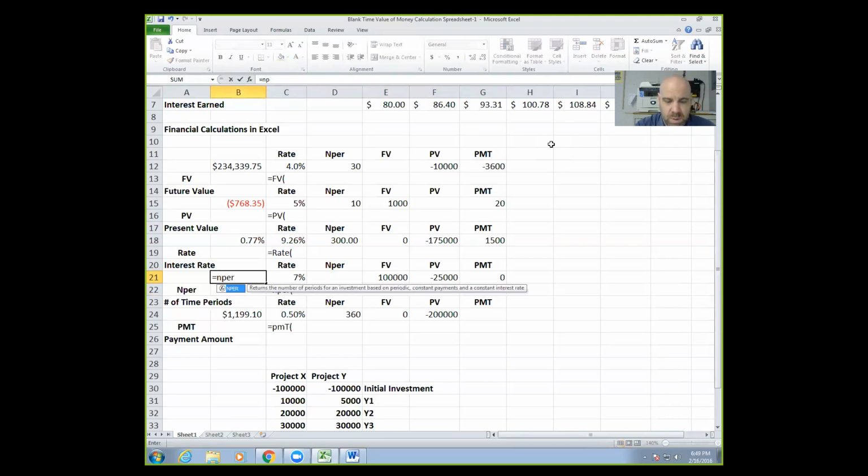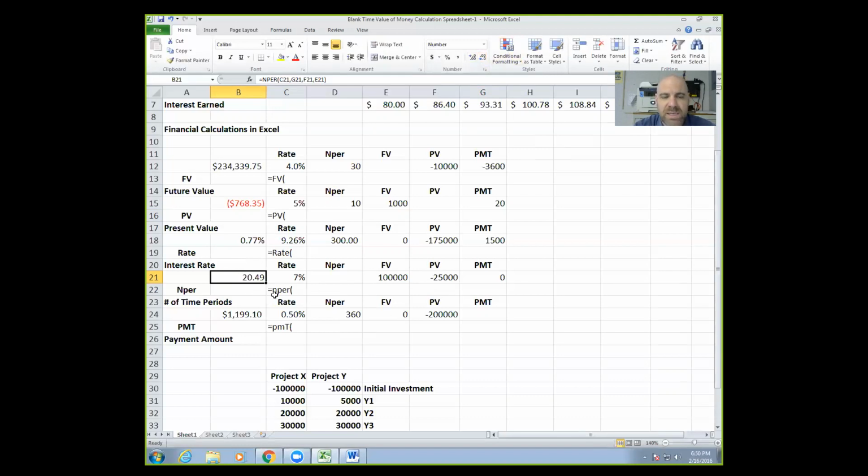So NPER, rate, comma, payment, comma, PV, comma, FV, hit enter, 20.489, whatever. Take that down to 2 decimal places.